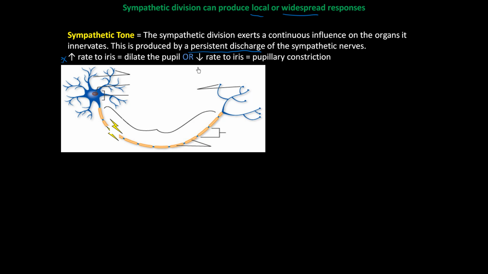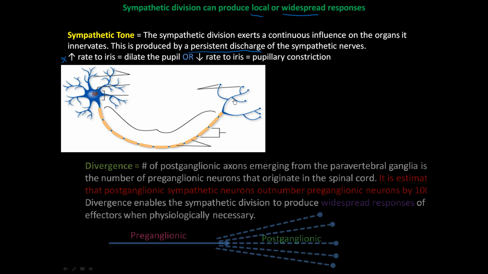Or if I decrease the rate to the iris, that's going to cause pupillary constriction, because the pupil is not going to receive as much neurotransmitter, so it constricts down. So that's the concept of sympathetic tone.